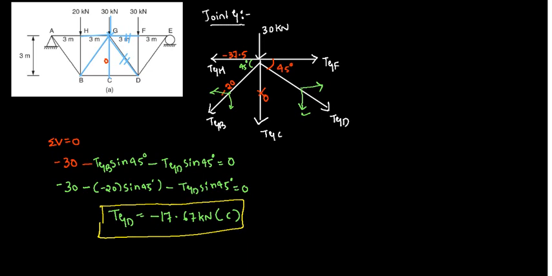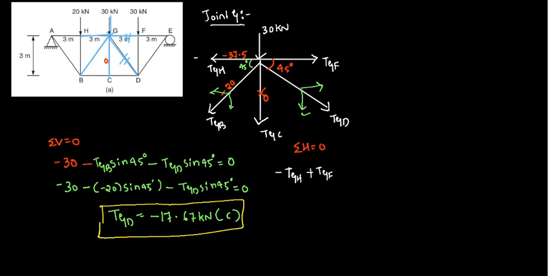Next I am going to consider the other equilibrium condition, summation of horizontal force is equal to 0. So what are the horizontal forces? TGH is in the negative direction, therefore minus TGH. Again TGF is in the positive direction, plus TGF.